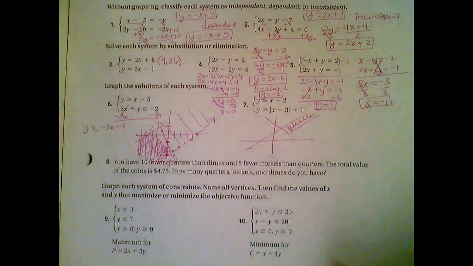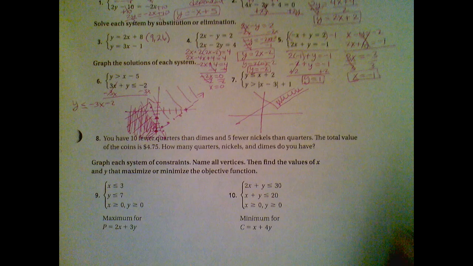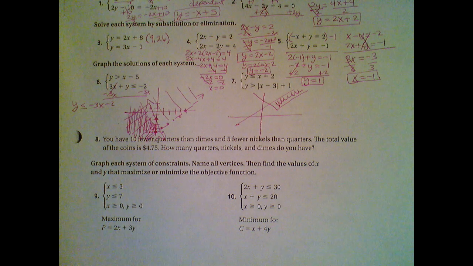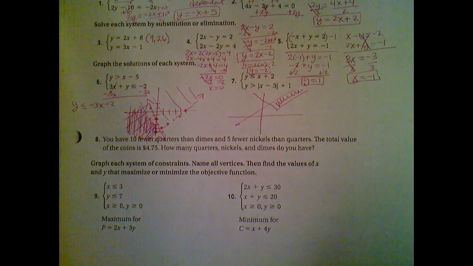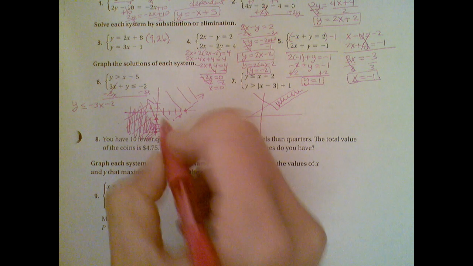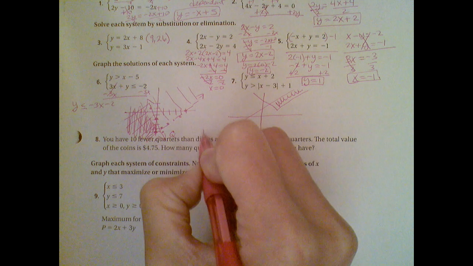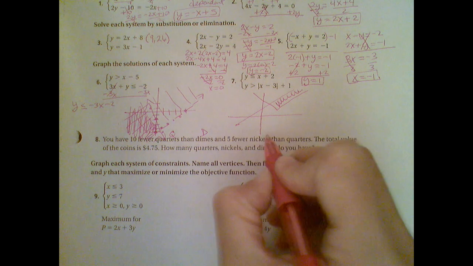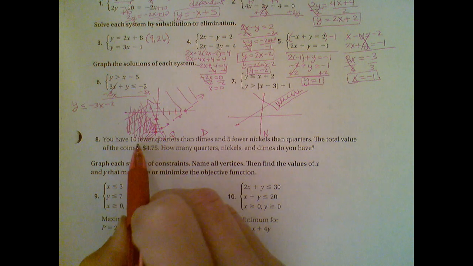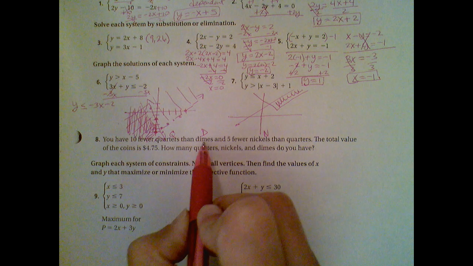Alrighty, the next one, we're going to set up the equations. It says you have 10 fewer quarters than dimes. So for that one, let's start labeling everything. So maybe our quarters is going to be our Q, our dimes is going to be our D, and our nickels will be our N. You can use X, Y, and Z also if you would like to. So we have 10 fewer quarters than dimes.